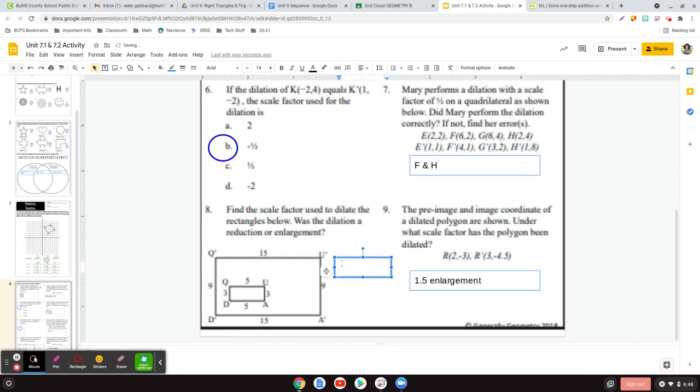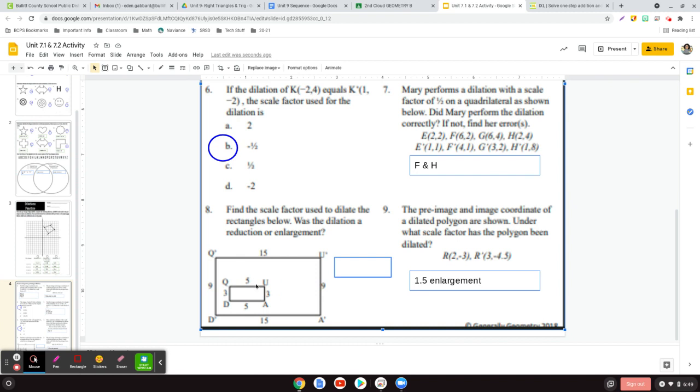Our notes tell us that we first need to decide which one of these is our original. Well, our original is this one because our points on our larger rectangle have our prime. So we know we went from this triangle to this triangle. And this original has a side of 5 and this side's 15. So we can either look at our 5 and 15 or our 3 and our 9. Let's look at 5 and 15. Those are really easy to divide.